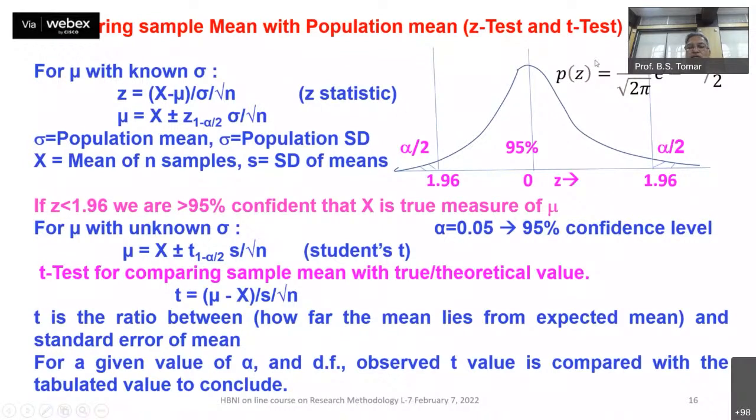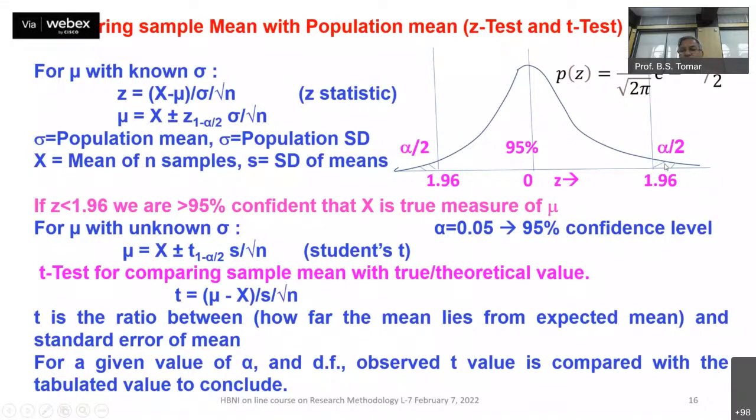I have given here the Gaussian with the confidence intervals. For the 95% confidence interval, we can say mu plus minus 1.96 sigma, or in terms of Z, plus 1.96 here and minus 1.96 there. So this is the 95% confidence interval.